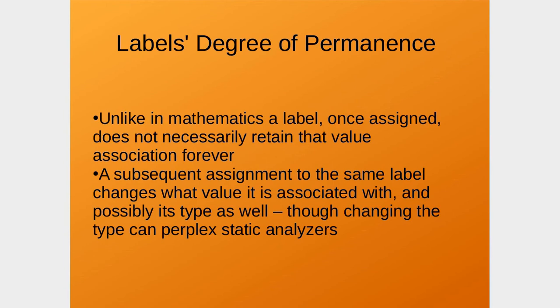A subsequent assignment to the same label changes what value it is associated with, and possibly its type as well, as we already discussed. Though changing the type can perplex static analyzers in Python, like pylint. So it's actually better for reliability not to change the type of a variable within the same callable very much, so that your static analyzer can do its job maximally.